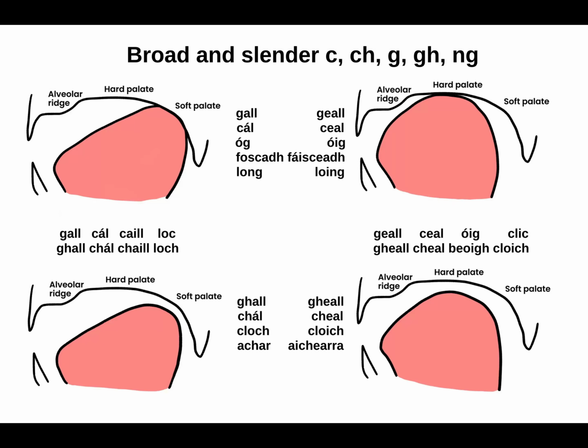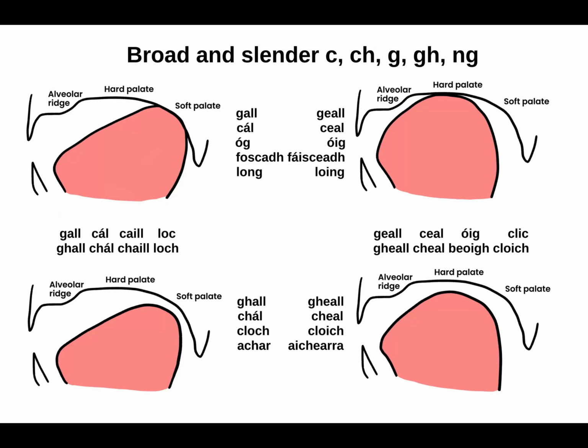We have broad og versus slender og. We have broad foscu versus slender foshku. And we have broad lung versus slender ling. And you'll note that in some cases these words differ in other ways as well, but these are the best pairs I could pick out.